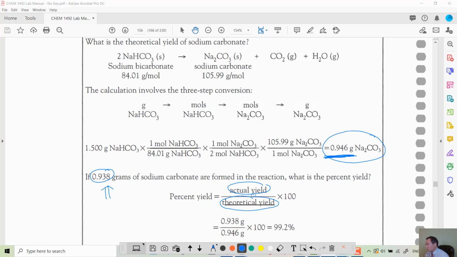So actual yield divided by theoretical yield times 100 gives you the percentage. We have 0.938 grams divided by 0.946 grams times 100. That gives you 99.2% yield. In reality, this reaction is a very high yield reaction. The percent yield is very close to 100%, but it should never be over 100%.